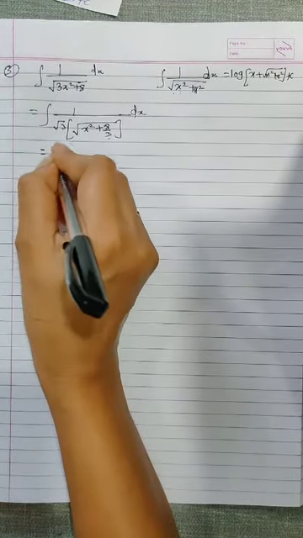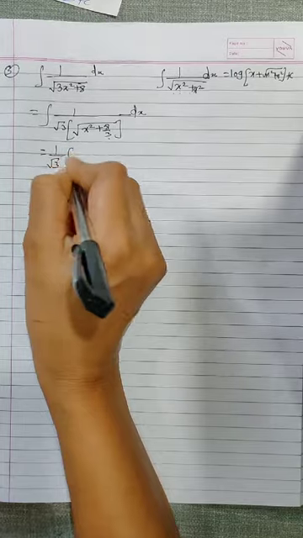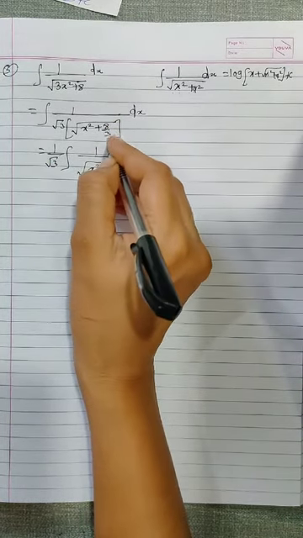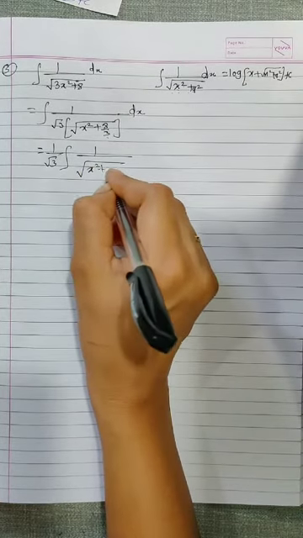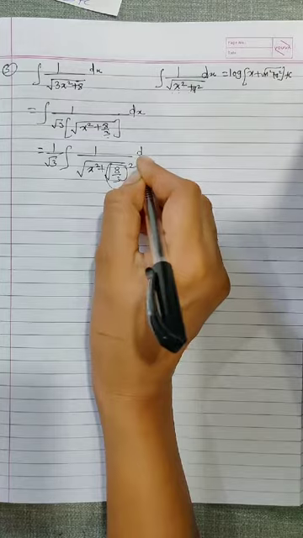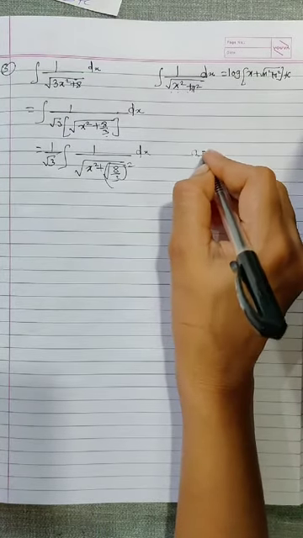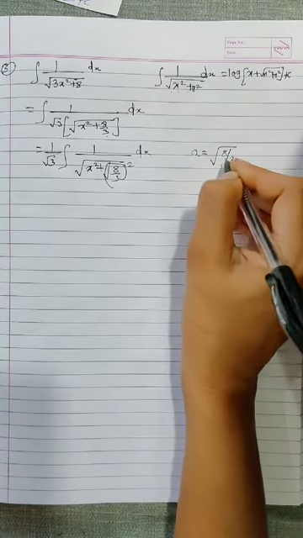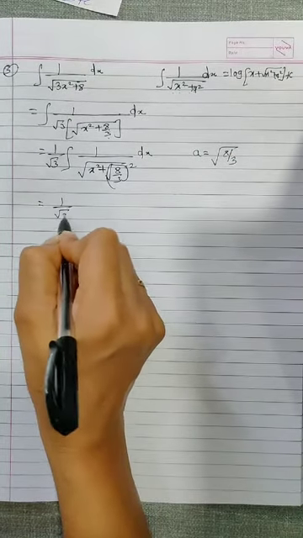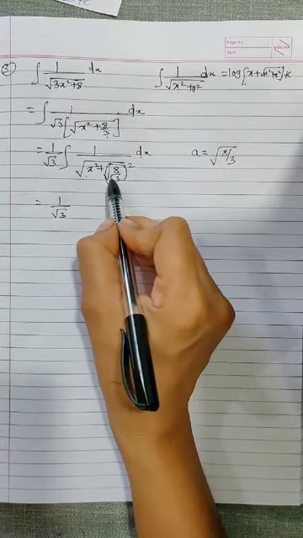Now it is equal to 1 upon root 3 out of the integration under root of x square. You have to write 8 by 3 in terms of a square, which means under root of 8 by 3 whole square dx. So we can say that our a is under root of 8 by 3. Now this is of the form under root x square plus a square.